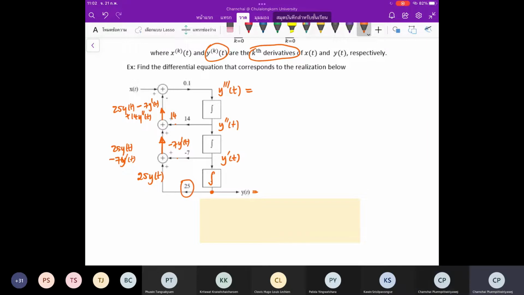It's going to be xt, which is this one, xt goes in, and then plus 25 yt minus 7 y prime t plus 14 y double prime t, and then the whole thing multiplied by 0.1. Is that right? Am I doing it right?